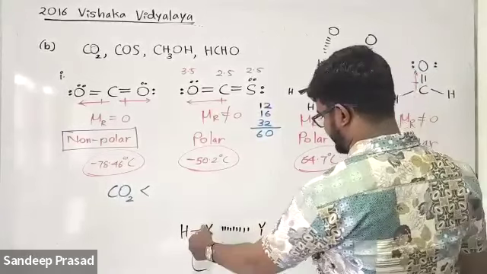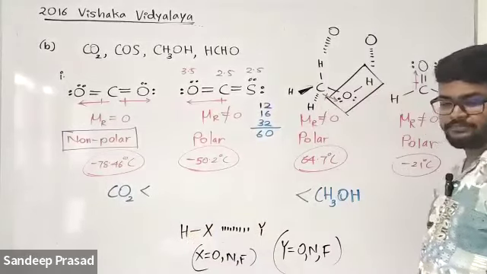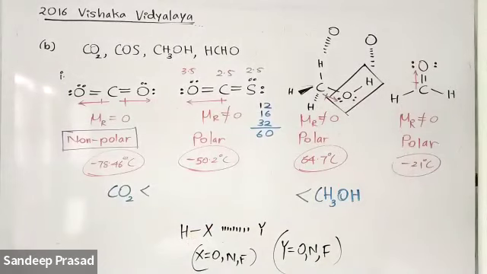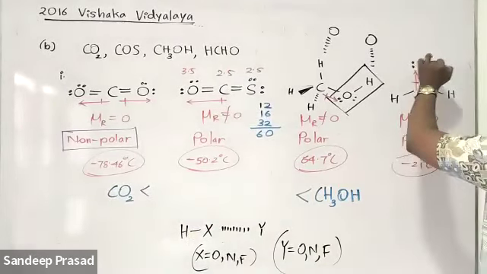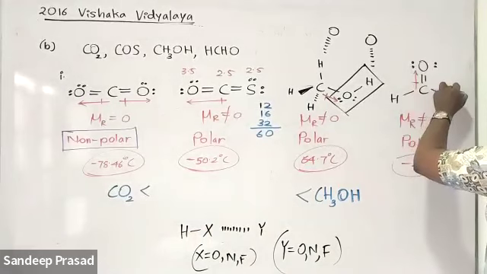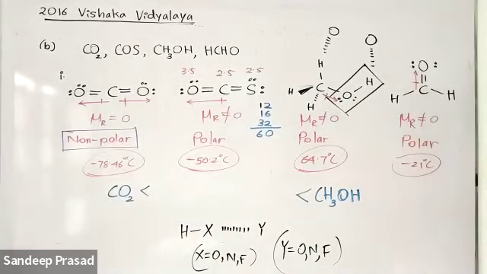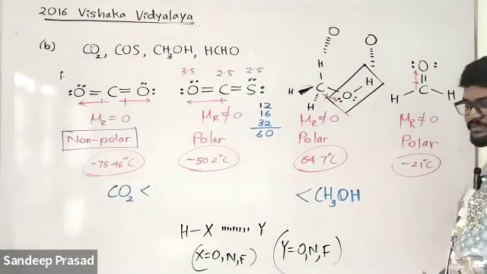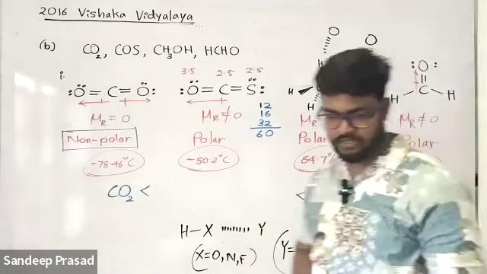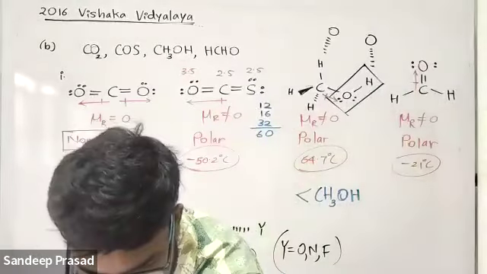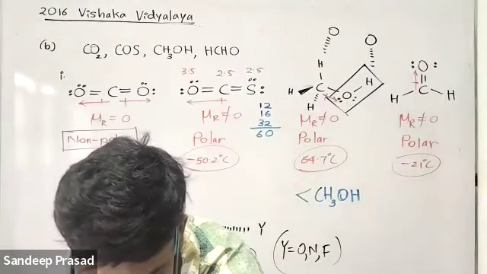That means an X-H bond is compulsory. In methanol, do we have an X-H bond, that means an electronegative atom connected to hydrogen? No. So therefore, it is not possible to form hydrogen bonds.